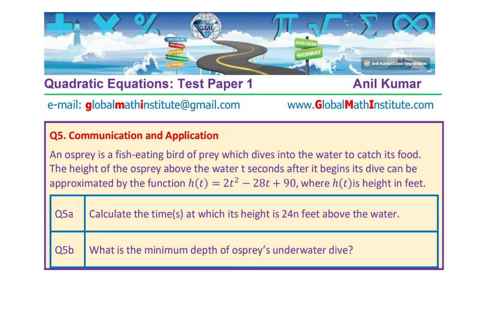Now this is an application question. An osprey is a fish-eating bird of prey which dives into the water to catch its food. The height of the osprey above the water t seconds after it begins its dive can be approximated by the function h of t equals 2t squared minus 28t plus 90, where h of t is height in feet. 5a.